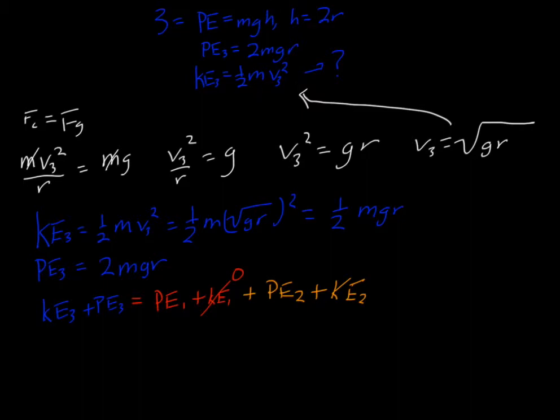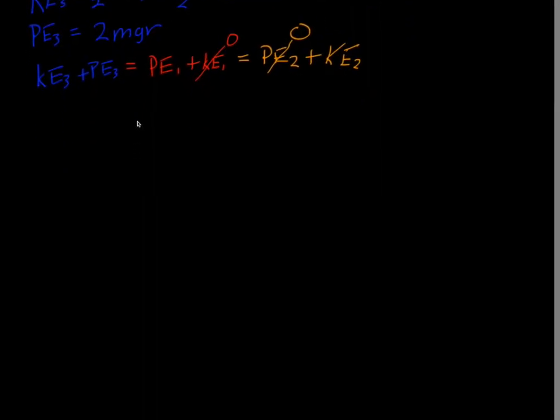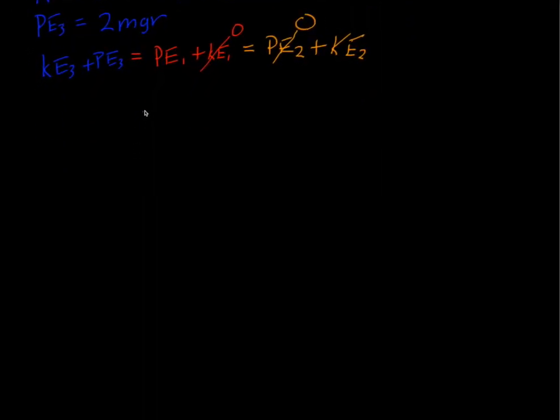You made a slight mistake there. This should actually be an equal sign. Okay, so total energy is still constant within the system. Remember, our potential energy at point 2 is also equal to 0. So therefore, we can actually add these two together and do some algebraic substitution and solve this thing.